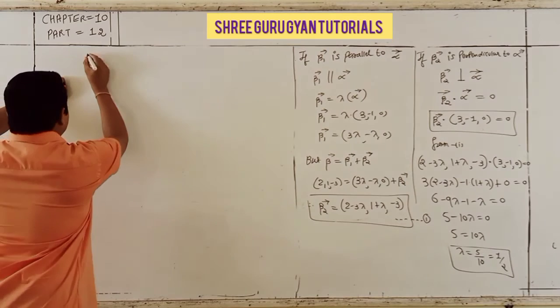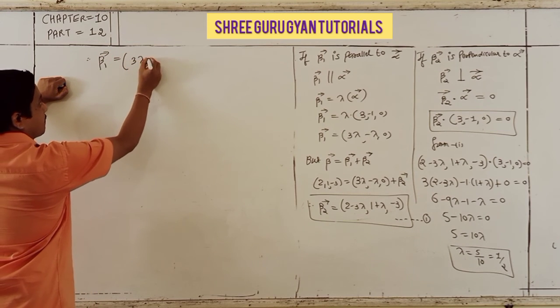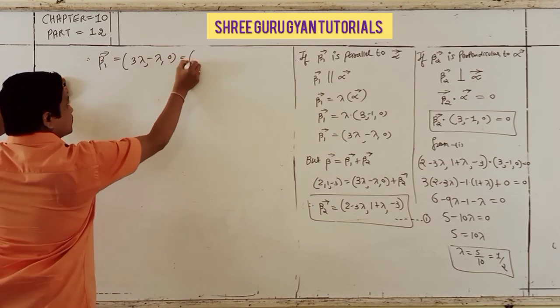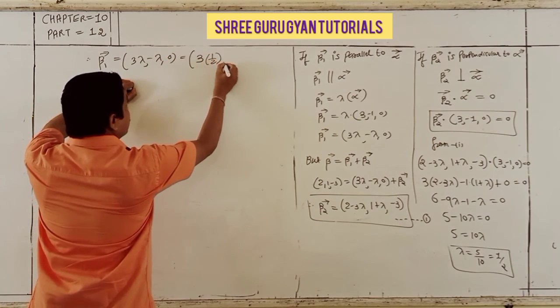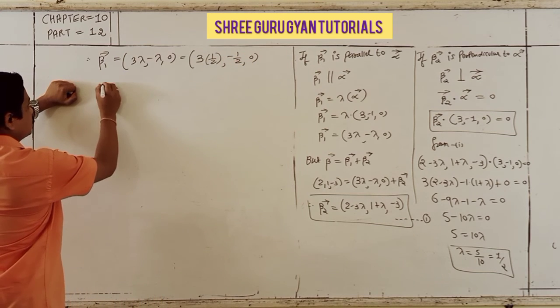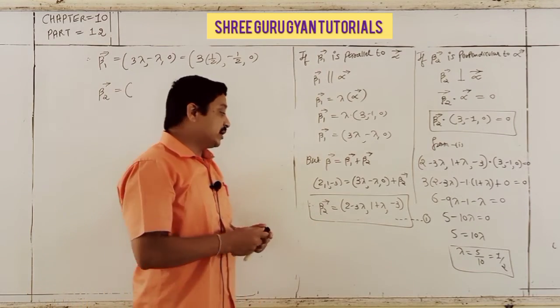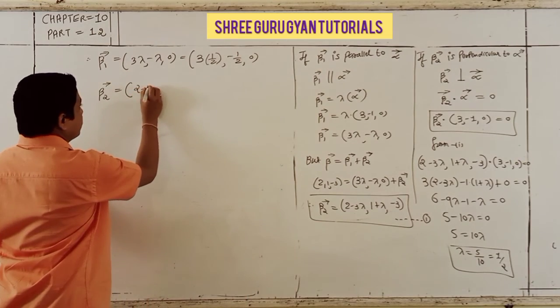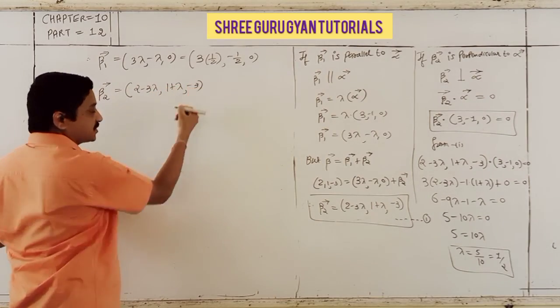So your value becomes beta 1: 3 lambda, minus lambda, 0, and lambda is half, so 3 by 2, minus half, and 0. And also, students, beta 2 will be 2 minus 3 lambda, next 1 plus lambda, next minus 3.